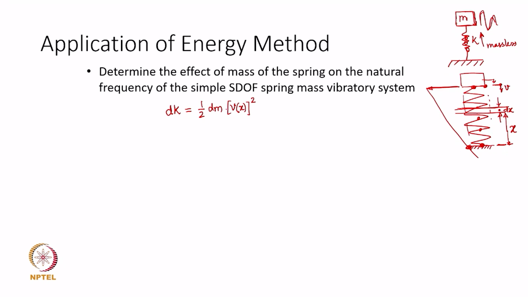Now, if we assume linear variation, then I can write this as half of dm. I will write dm as the linear mass density times dx, that basically is the mass of this small element of the spring, and Vx I can write equal to V times x over L. L is the total length of the spring.